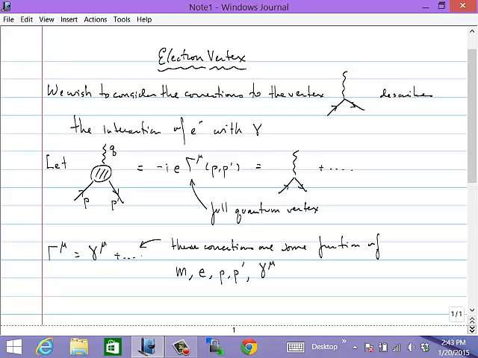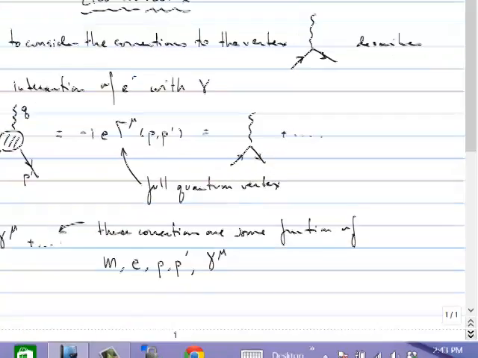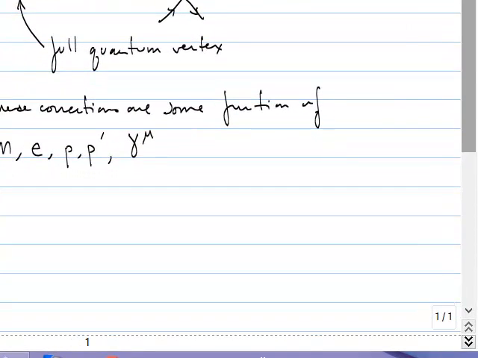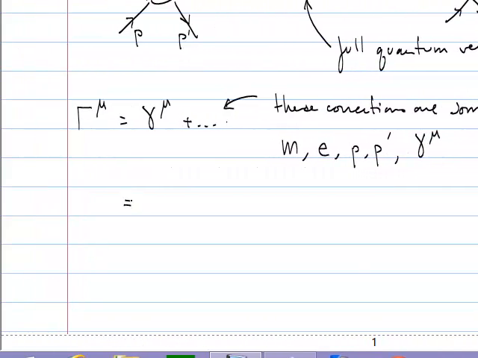So Gamma mu is a 4-vector, and it's also a Dirac matrix, so a 4x4 matrix, acting on the Dirac spinor index. So we can use Lorentz invariance, and in particular, the fact that Gamma mu is a vector, to argue that it has to be the sum of three possible terms. So in particular, Gamma mu is a vector, and it has to be built out of p, p prime, and lowercase gamma mu.